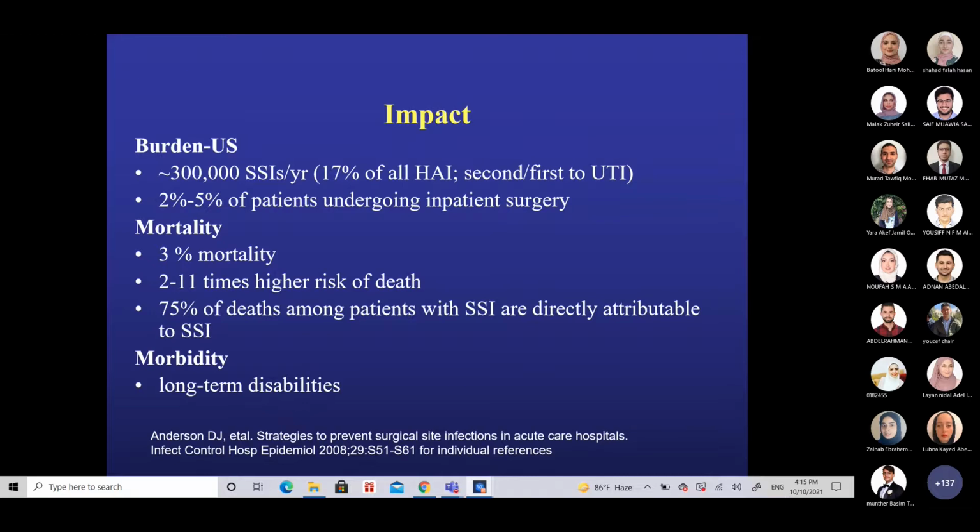And deaths in these patients are due to the surgical site infection. يعني إذا مريض مثلا عامل cardiac surgery أو مريض عامل lung surgery أو مثلا GI surgery and post-op he developed this surgical site infection, the death is mainly from the surgical site infection, it's not from the surgery itself.